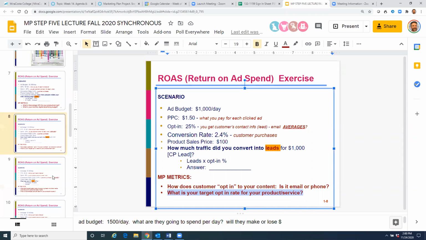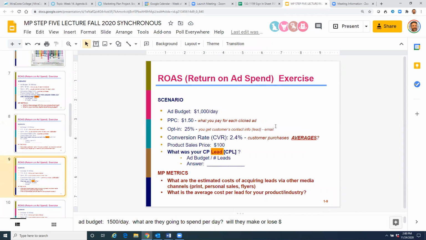So we've got our traffic, and I'm going to leave it in this view. I know it's a little bit smaller, but that way I can look at my notes. Our next question is, what's our cost per lead? So we're spending $1,000 a day. We know we got 666 leads, and we want to know what's our cost per lead.